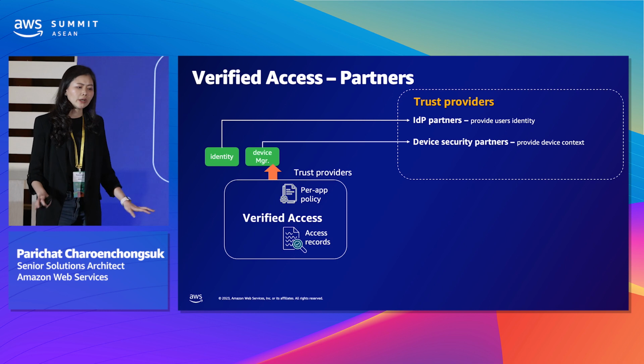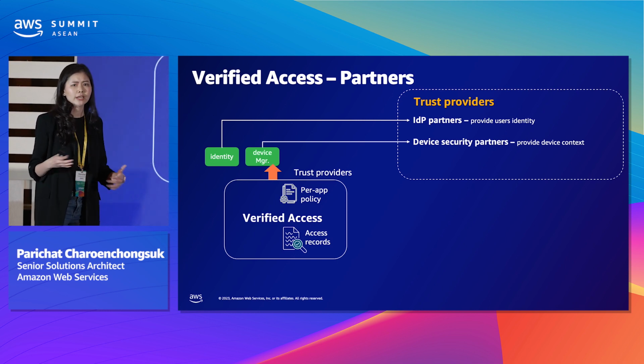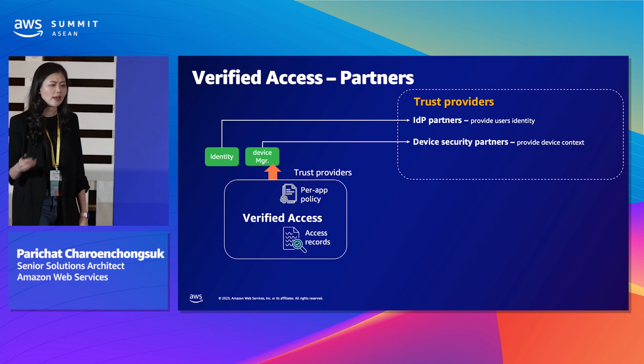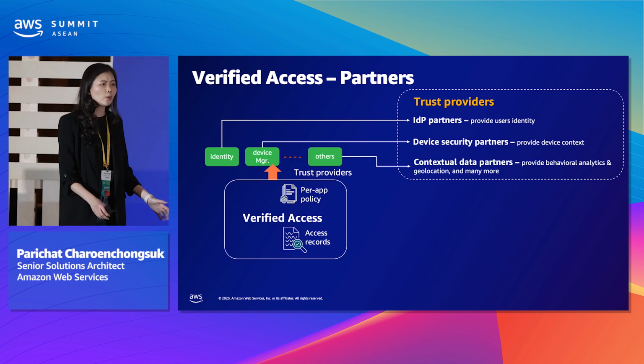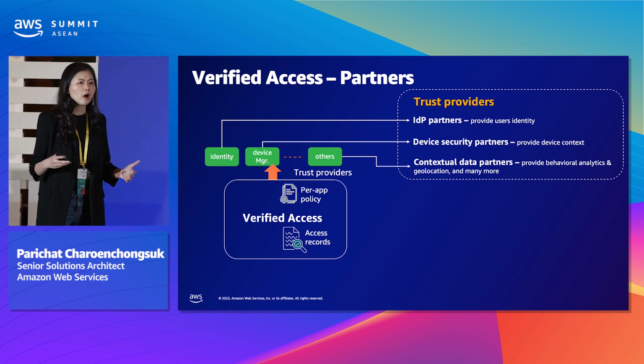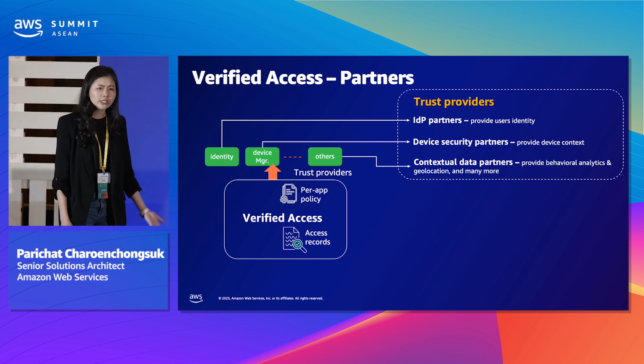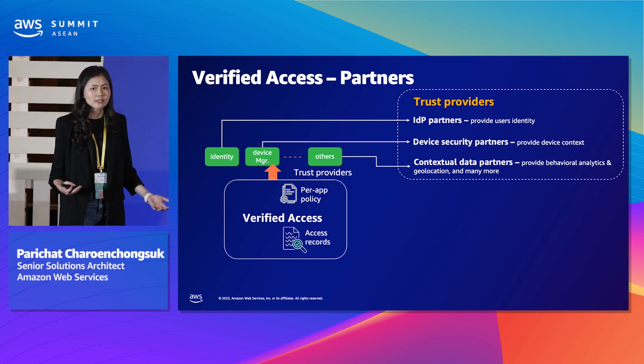We are also working with device security partners, where you can manage security for your devices. And we are also working with contextual data partners who provide contextual signals like location, behavior analytics, and many more.